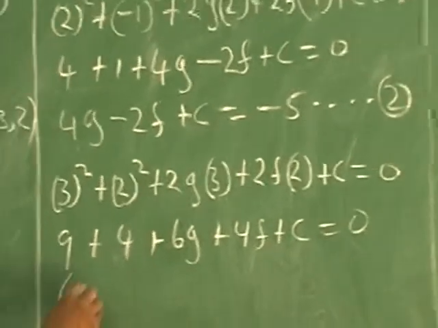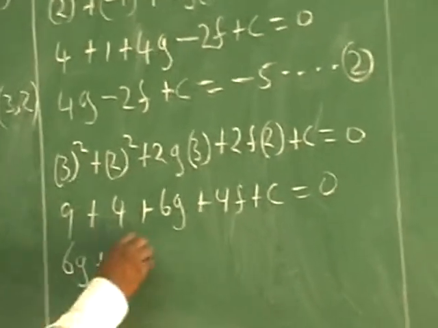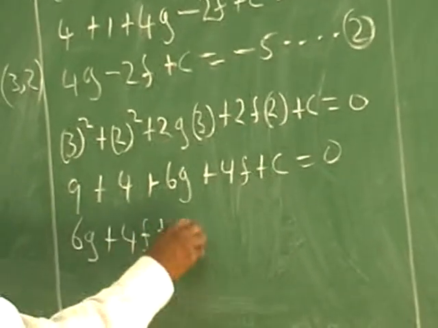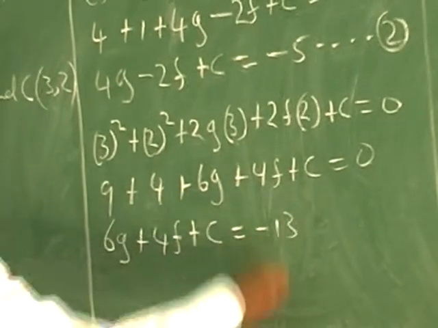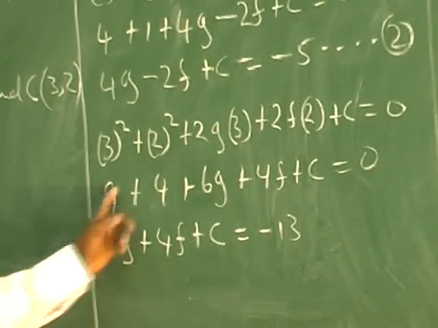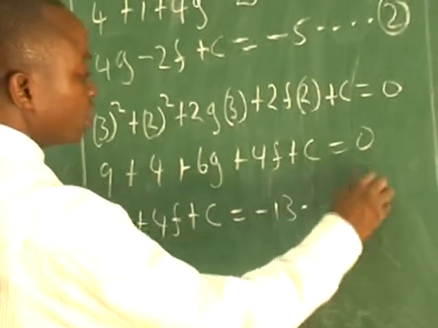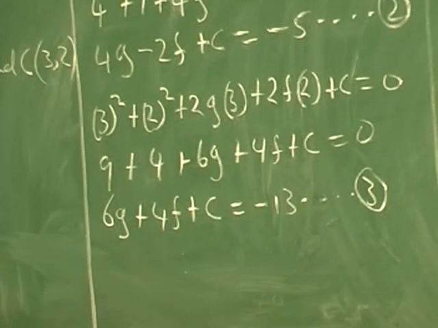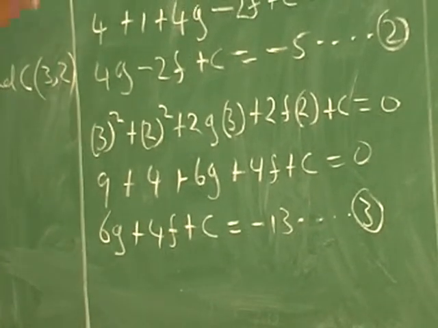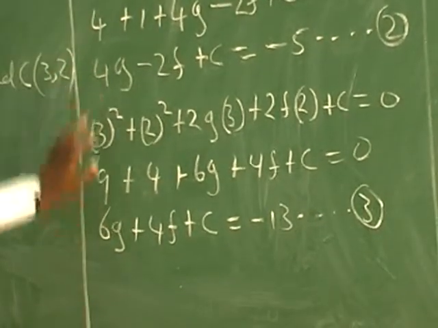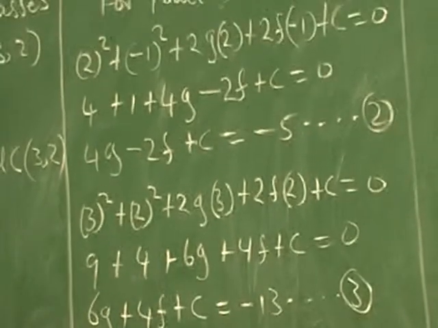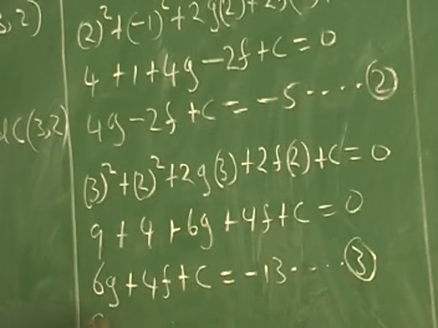So we write 6g plus 4f plus c will equal to minus 13, transferring the 13 to the other side, so I have this, which is equation 3. So we have 3 equations now: equation 1, equation 2, and equation 3. Now we are going to solve it simultaneously.